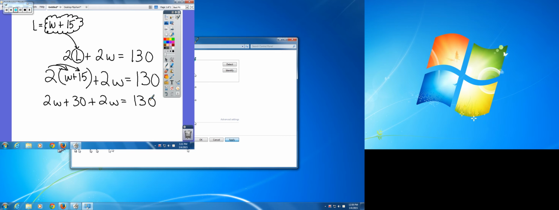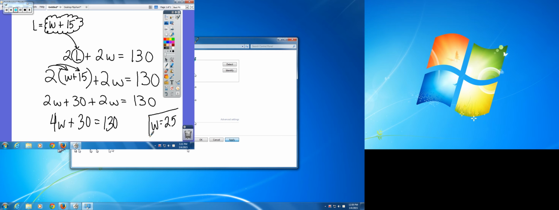And what's 2W plus 2W? 4W plus 30 is equal to 130. Minus 30, 4W is equal to 100, so W is equal to 25.